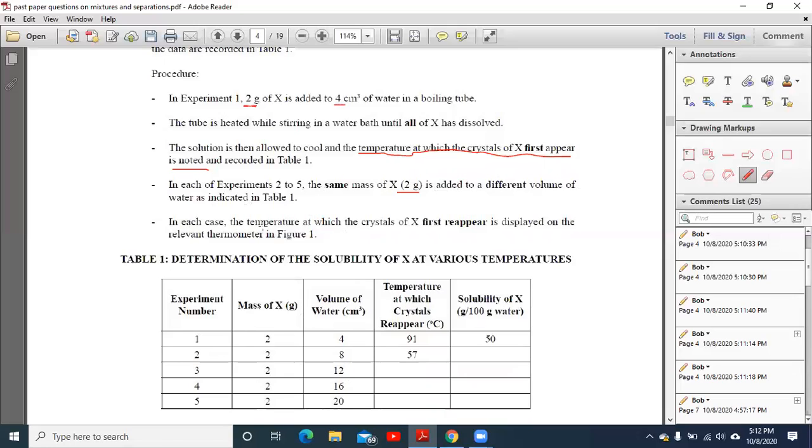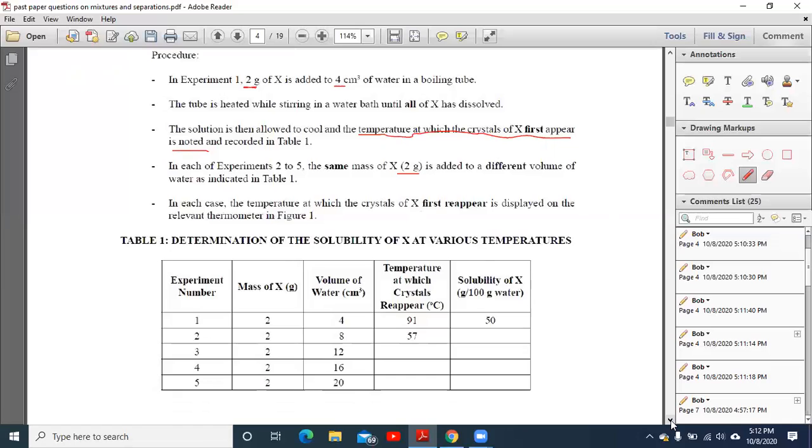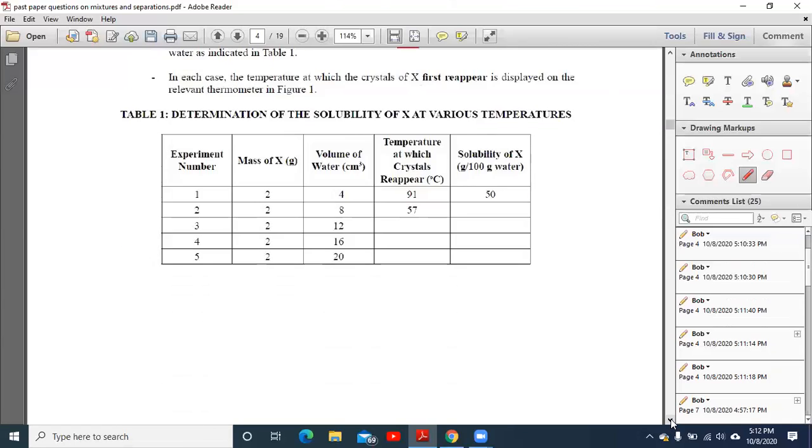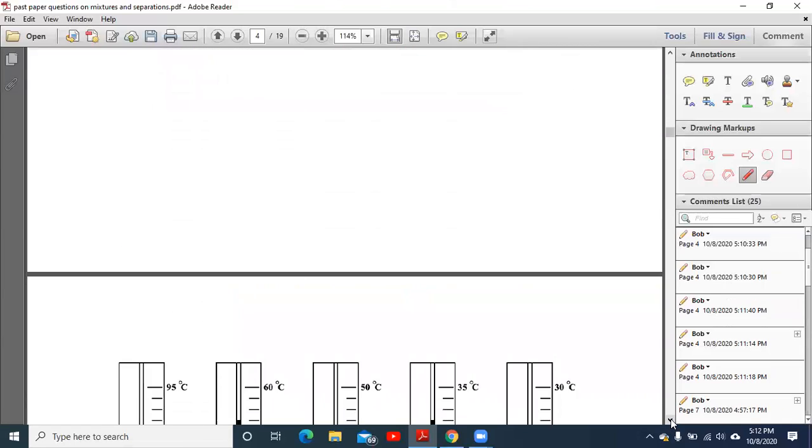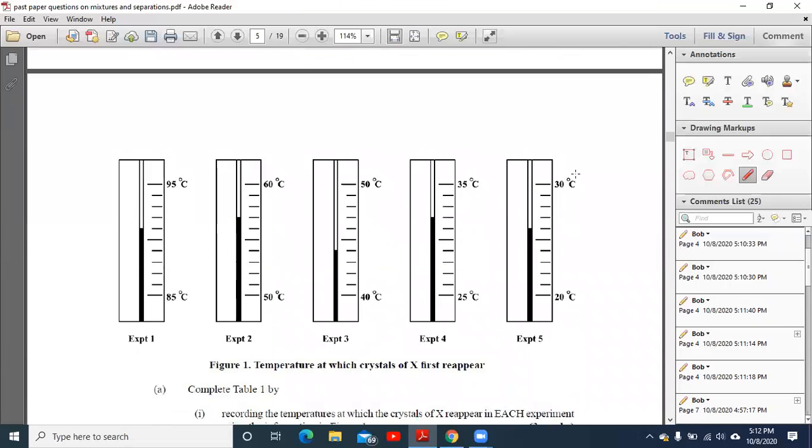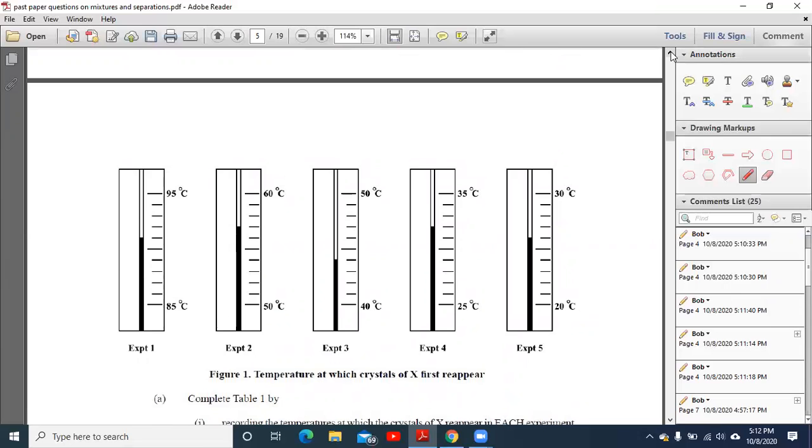In each case, the temperature at which the crystals first appear is displayed on the relevant thermometer in figure 1. There's a figure below here. Each time they recorded, this figure shows the recordings they got. This is figure 1.